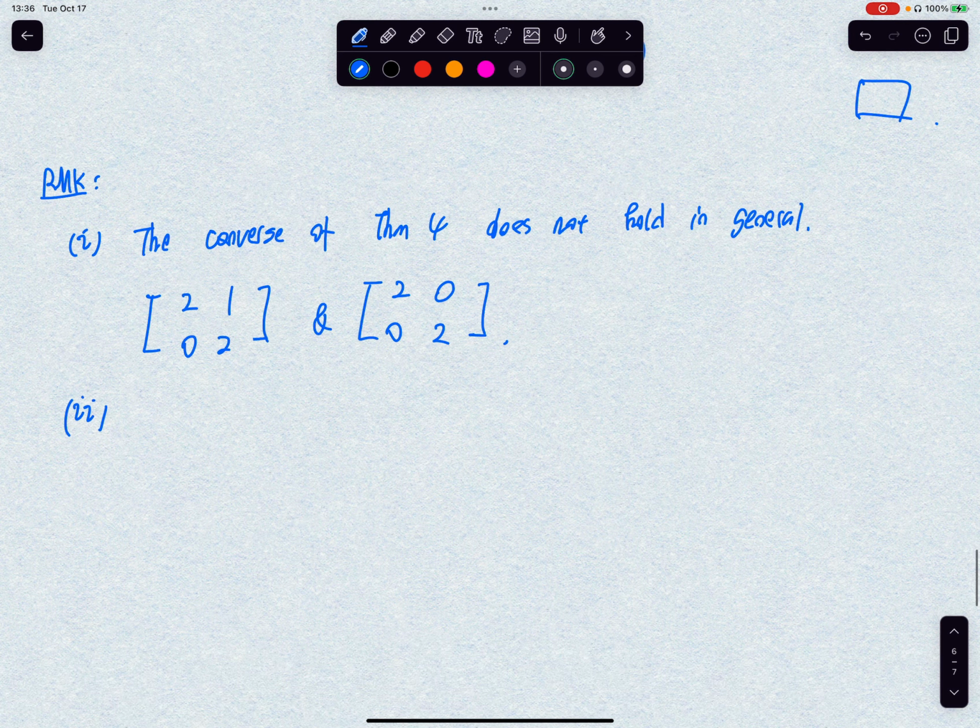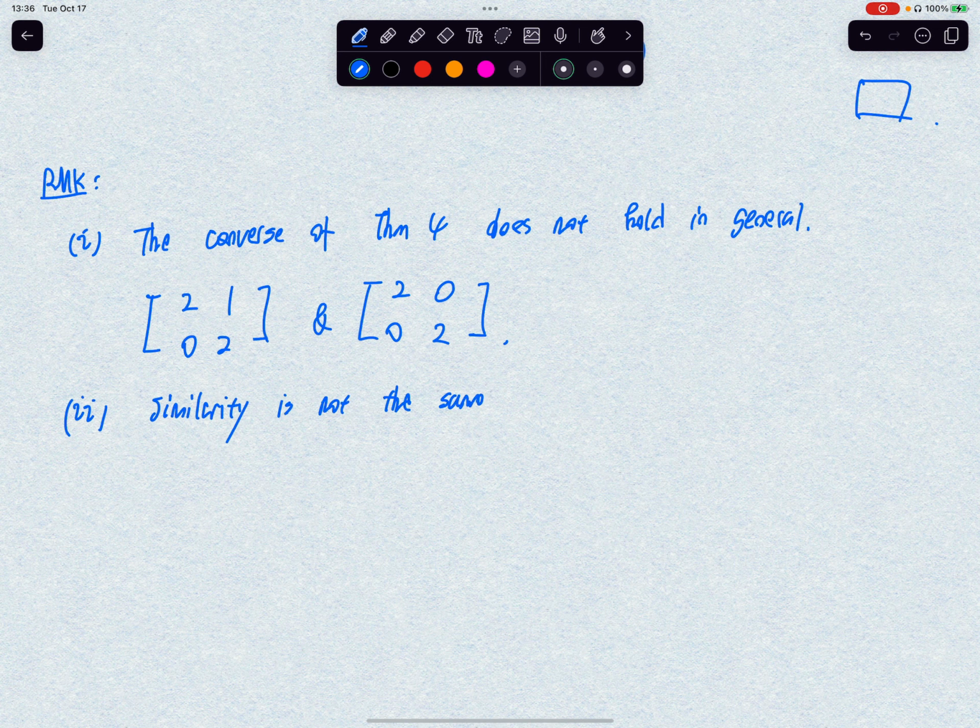The second remark is that similarity is not the same as row equivalence.